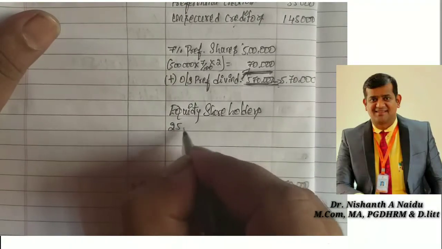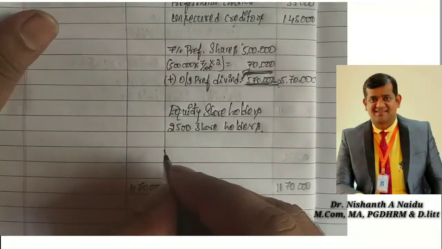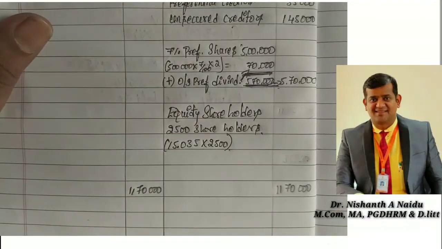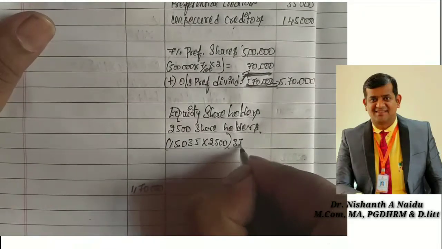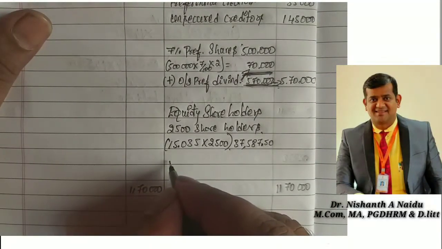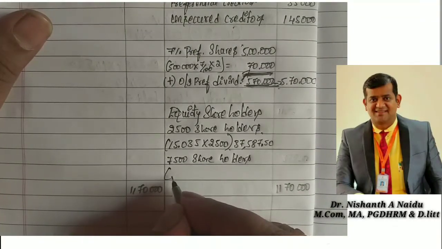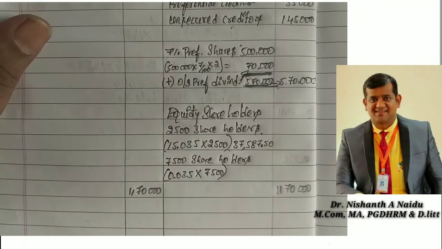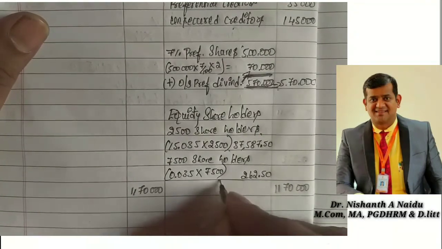For the first 2,500 shareholders, how much are we giving per share as per the working note? 15.035 into 2,500 is 37,587.50. Next, the 7,500 equity shareholders will receive at the rate of 0.035 rupees into 7,500 shares, which is 262.50.